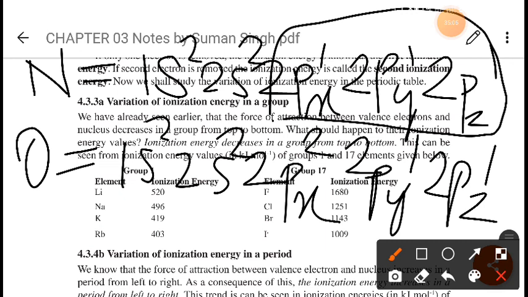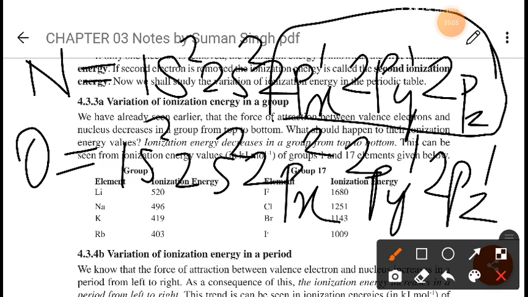As I have previously told you, if it is half filled or completely filled, it is more stable, right? So that is why it makes the electronic configuration of nitrogen relatively more stable and gives a boost to the ionization energy of nitrogen. And due to the higher ionization energy of nitrogen, the ionization energy of oxygen appears to be lowered.